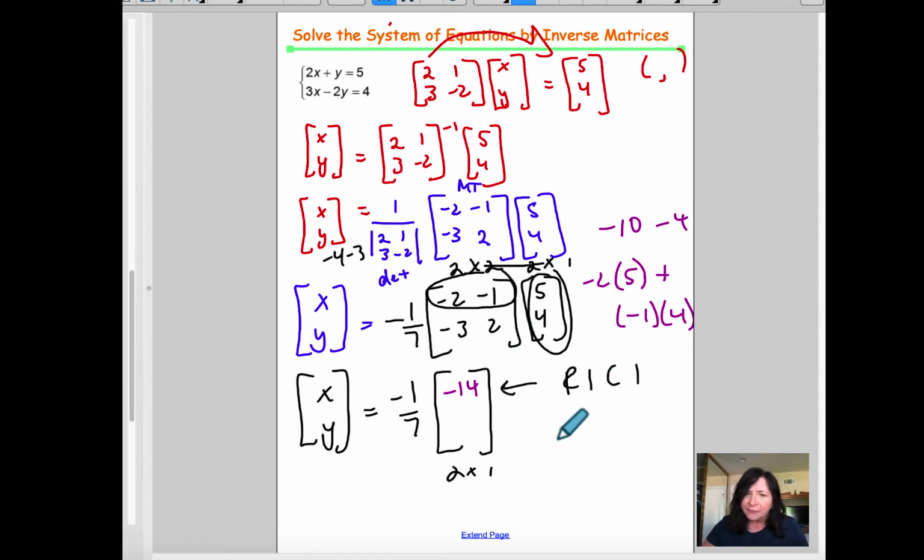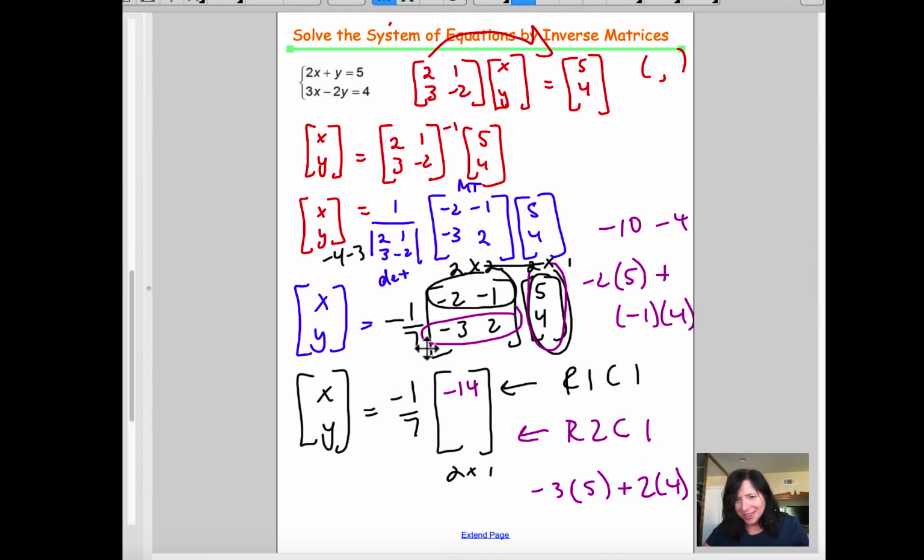And now I've got to find the next spot, which is row 2, column 1. So I'm going to go this row times this column. That's going to be -3 times 5 plus 2 times 4. So that's -15, add 8, which is -7.